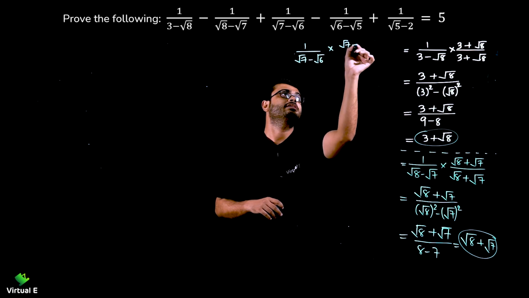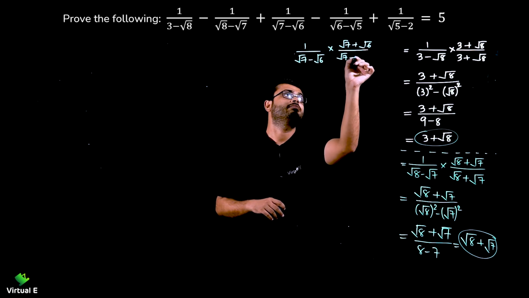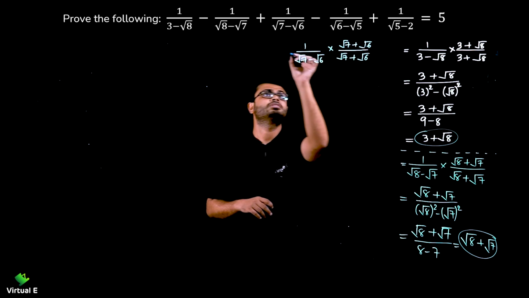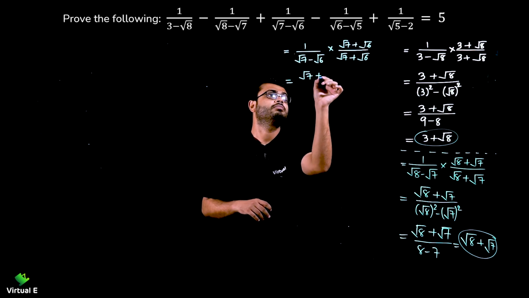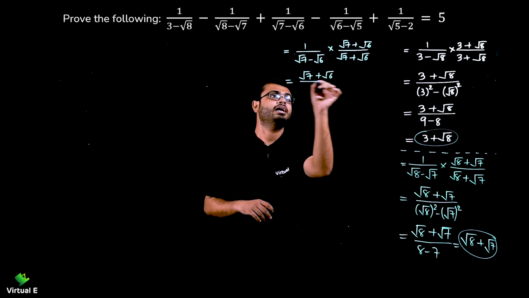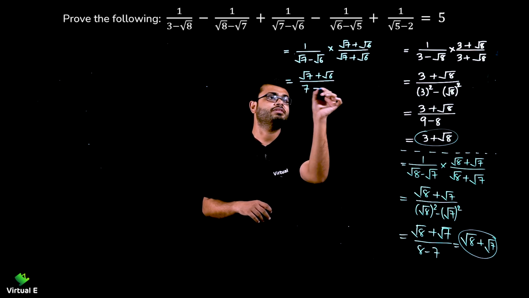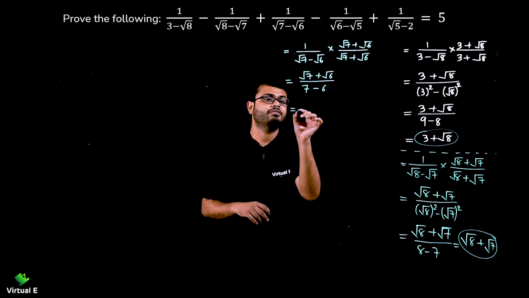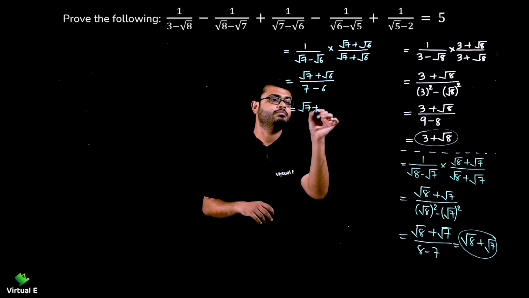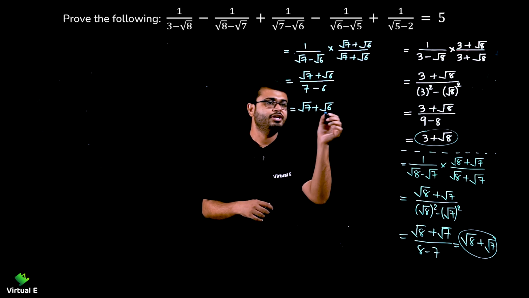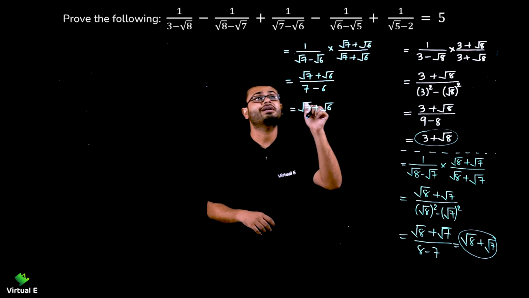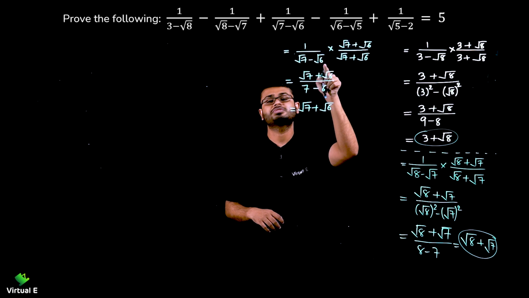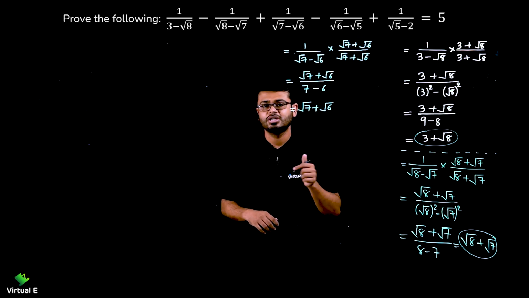Here root 7 plus root 6 over root 7 plus root 6. So if we simplify further, that is root 7 plus root 6, and here directly we can write 7 minus 6, right? So what are we going to get? Root 7 plus root 6, and denominator nothing, there is 1 only, so we are not writing it. See, I told you the pattern is same. 1 by root 7 minus root 6 is equal to root 7 plus root 6.